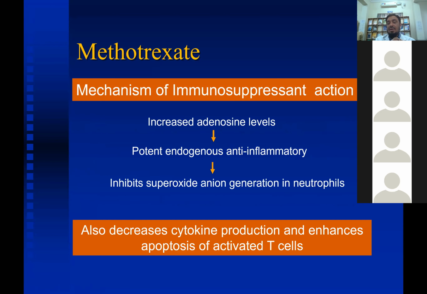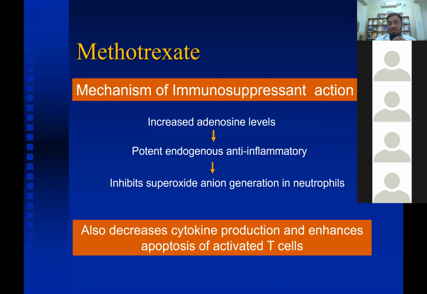Adenosine is a potent endogenous anti-inflammatory, and it inhibits the superoxide anion generation in the neutrophils. Also, methotrexate decreases the cytokine production and enhances the apoptosis of activated T cells. So this is the mechanism of methotrexate only as an immunosuppressant.